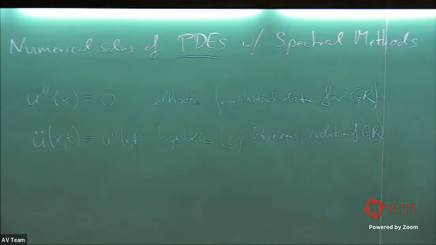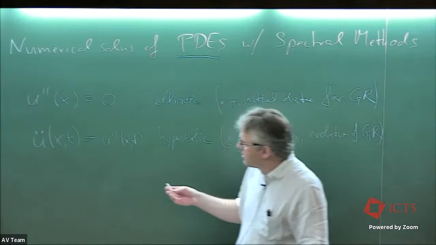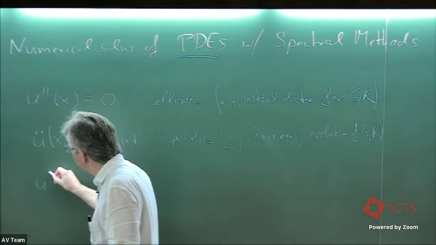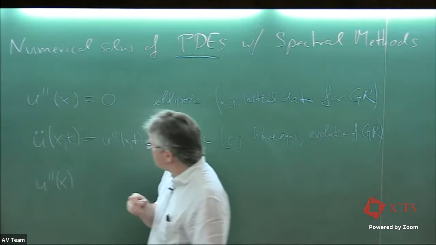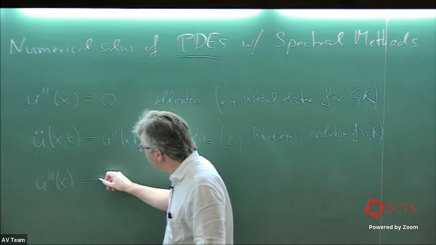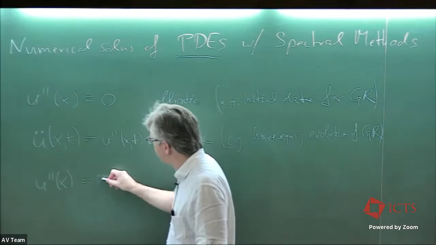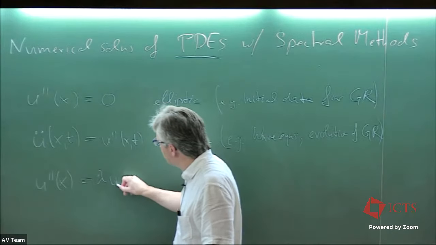The third class of problems that also fits quite nicely into the spectral methods scheme are eigenvalue problems, where you have equations like u double prime of x equals an eigenvalue times the function u itself.